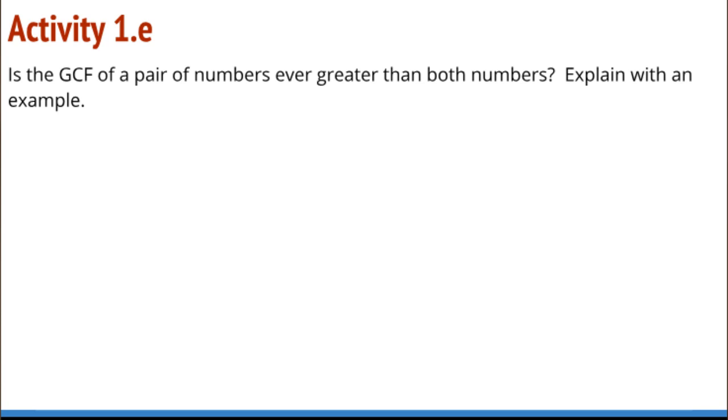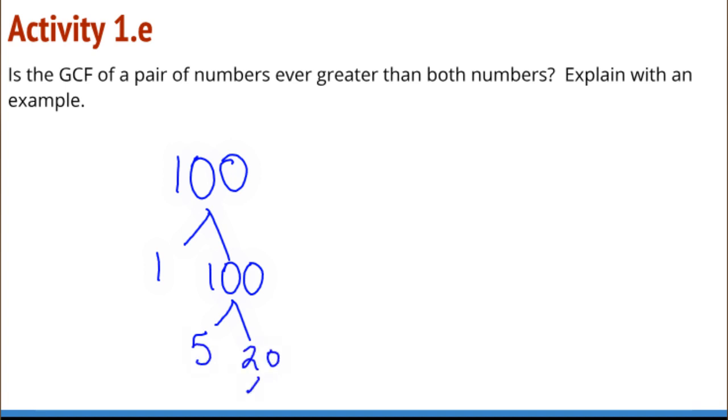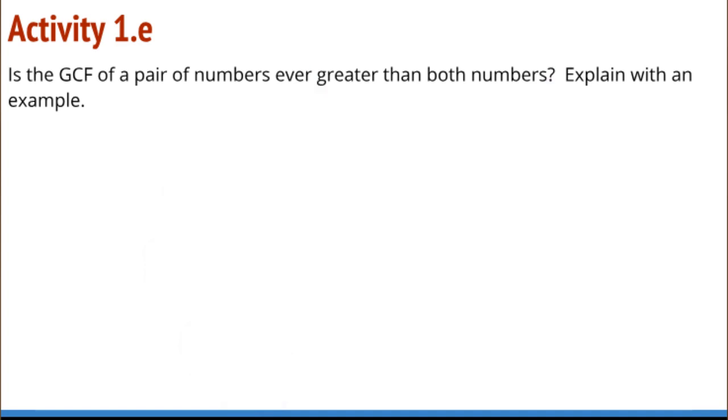If I'm looking for the factors of 100, the factors are always less than, and I need to say this more clearly, less than or equal to 100. Factors, by their very definition, are less than or equal to the number. So the greatest common factor cannot be greater than both of the numbers.